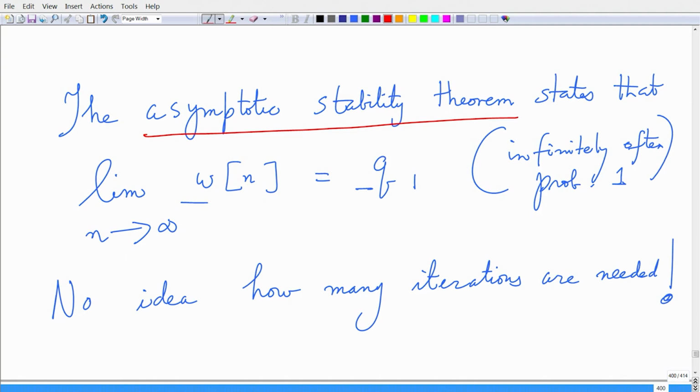That means, as n goes to infinity, my weight vector converges to some vector q1, and that happens infinitely often with probability 1, but it does not tell me how many iterations I need to get to this convergence. I mean, as n goes to infinity is asymptotics, right. So, it gets to q1, but is there some finite number of iterations, say capital N, that I would need such that I can guarantee this. So, this does not say that.